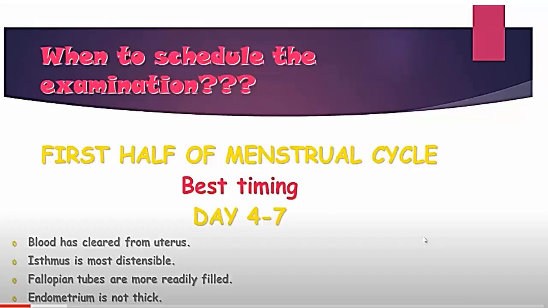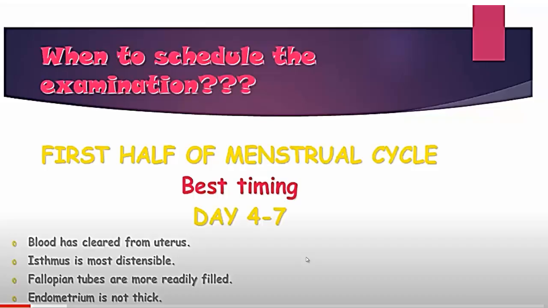Then came the important question: when to schedule the examination? Some books or articles say in the first half of the menstrual cycle, with the best timing from 4 to 7 days. Some say the 10-day rule, up to 10 days of the first part of the cycle.